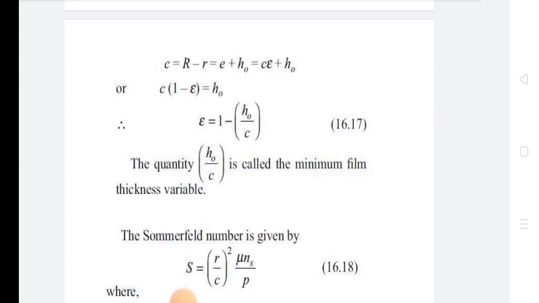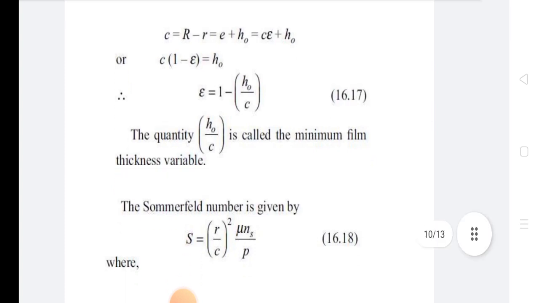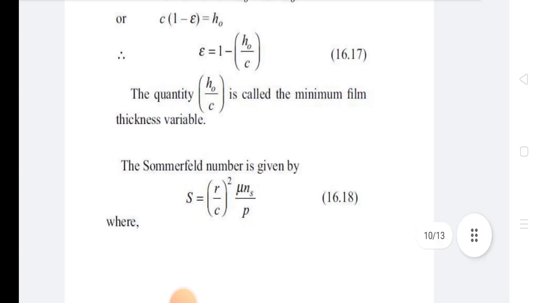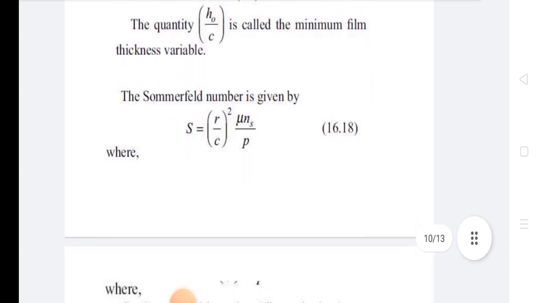Epsilon is equal to 1 minus h0 upon c. The quantity h0 upon c is called the minimum film thickness variable.